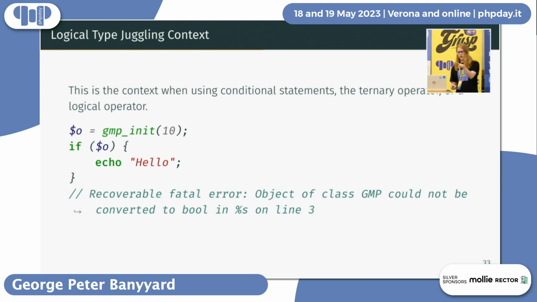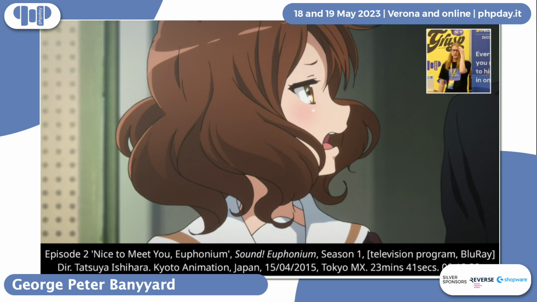Turns out this irrecoverable fatal error was something from before exceptions were used in the engine, in PHP 5. I don't know if anybody remembers this, or you're just happy with exceptions. But this is the only case where this still happens. So that's always great. Oh yeah, that was my reaction the first time I discovered this. It was just like, yeah, what?